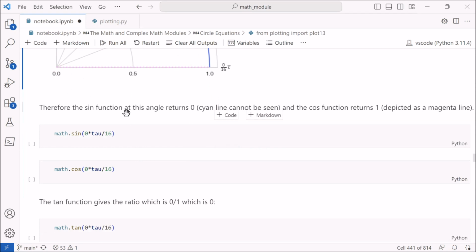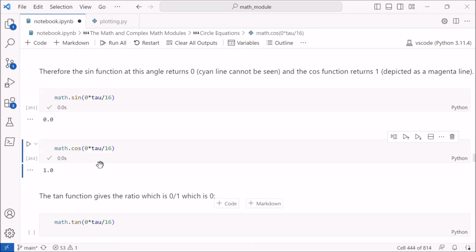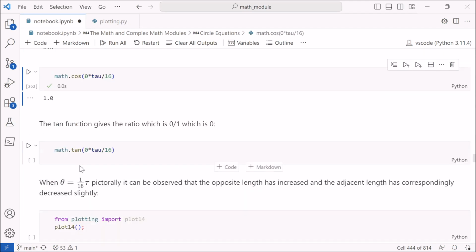So therefore, the sine function of this angle should return 0 because there's no length here, and the cos should return 1 because all the component is along here. So we can check this, and then the ratio, which is sine over cos, should be 0 divided by 1, which should be 0.